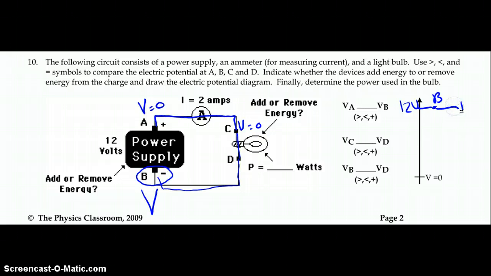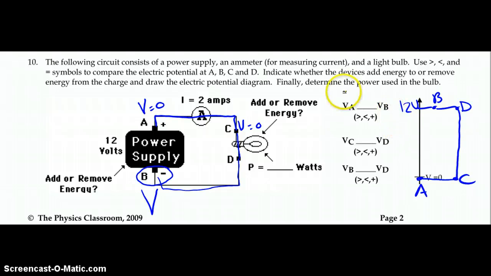We're okay until we move to point D, we're still at 12 volts. Now there's only one object that actually is going to use the energy in the circuit. So as we go from D to C, we must use up everything that we put in. So point C down here would be at 0 volts, and then point A would also be at 0 volts. No potential left.